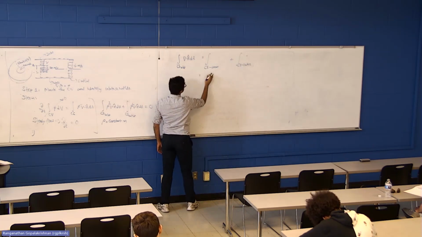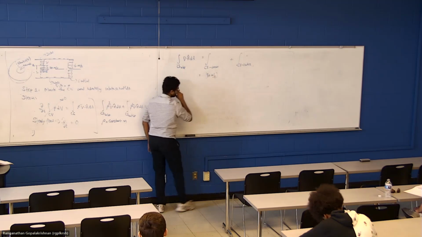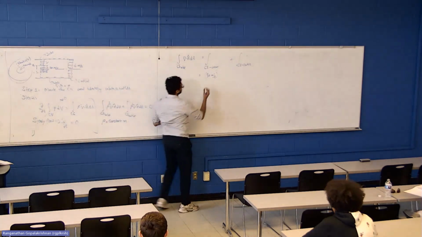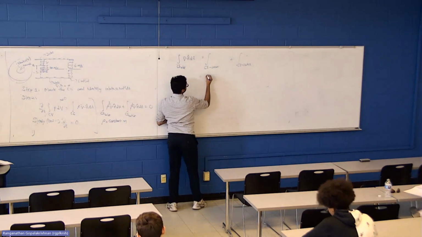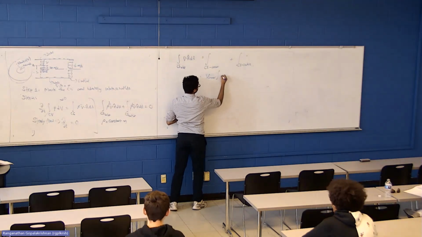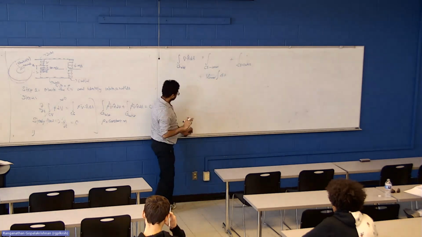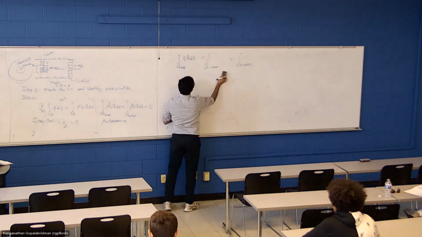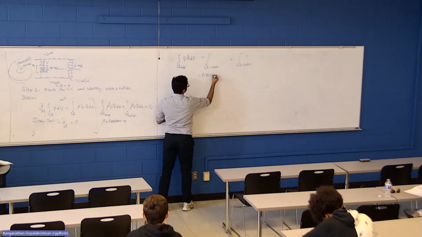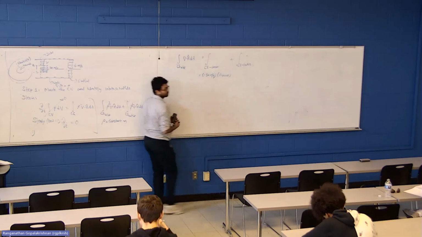So for the inner, I have 30 meter per second uniform. Do I need to do integration? Can I just write this as V inner multiplied by integral dA? This is minus 30 meter per second times A inner. Is that okay?